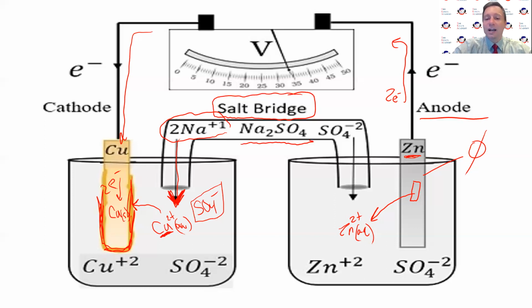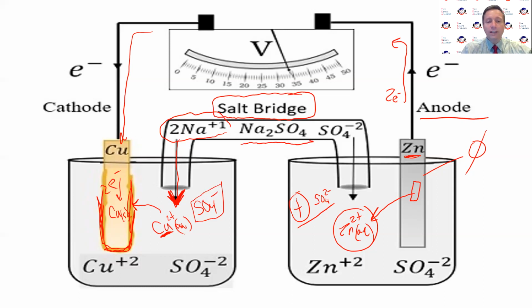Now on this anode side, we have the zinc coming off of the zinc metal and forming aqueous ions. So we have a positive buildup over here. Once again, if you have the positive charge buildup, this is going to actually stop. So this salt bridge allows sulfate, SO4 2 minus ions, to enter the solution and balance that positive charge. That allows this reaction to proceed spontaneously.